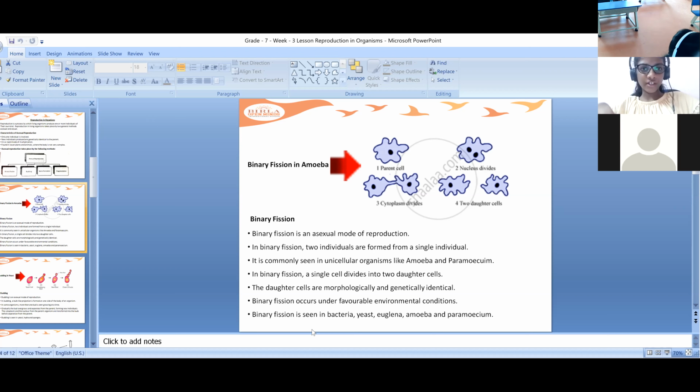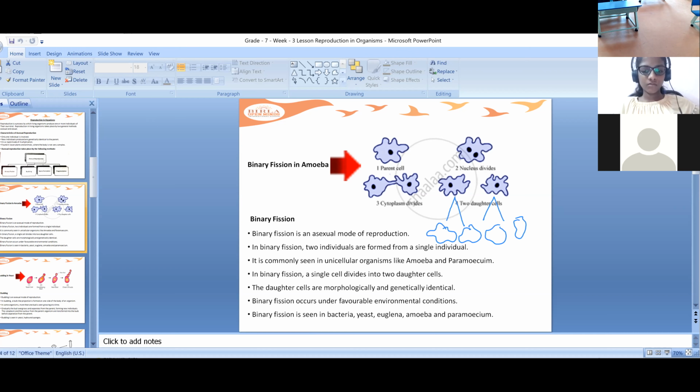Ma'am, only daughter cells will be there? They are called daughter cells. The two cells formed from the parent cell can again divide into more cells. Are they called female cells, not male cells, ma'am?